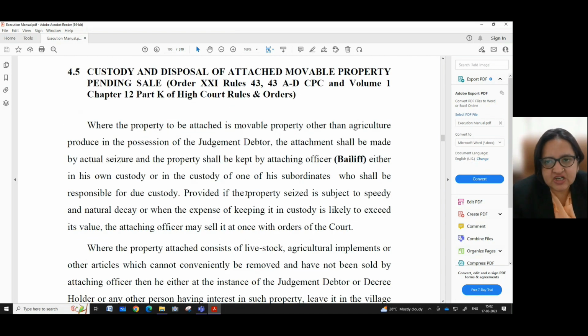Custody and disposal of attached movable property pending sale, Order 21, Rules 43, 43A to D, CPC, and Volume 1, Chapter 12, Part K of High Court Rules and Orders.